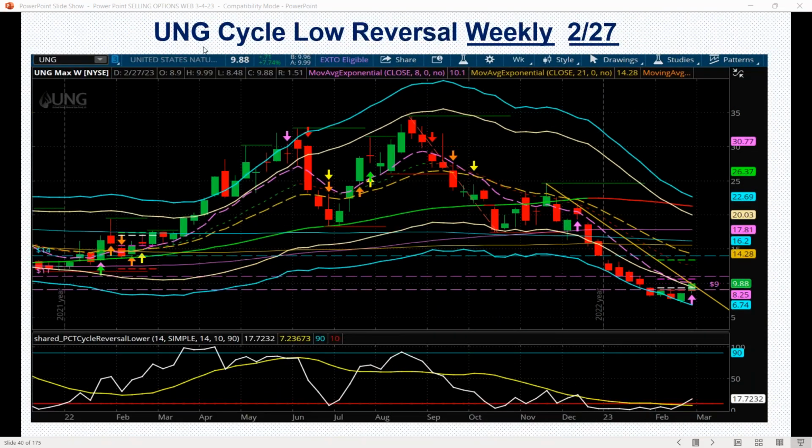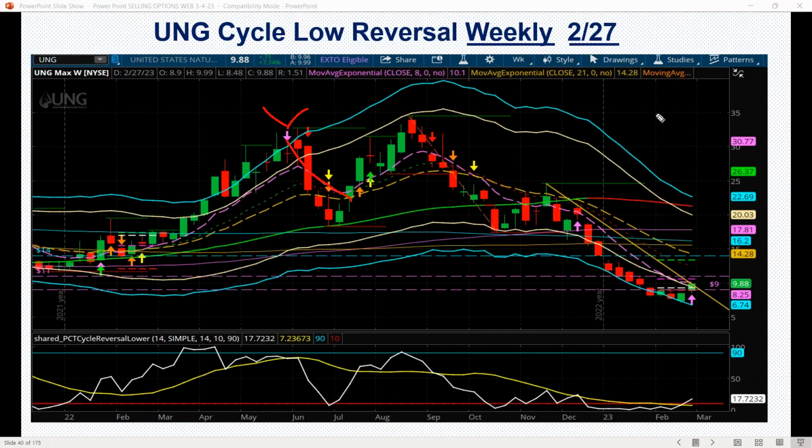Now here's an example of natural gas, UNG, on a weekly long-term basis. Setting up, there are three things that I think look really, really interesting right now. One is natural gas. On the weekly long-term time frame, you can see natural gas has had this huge sell-off. Back here in June, we had a cycle reversal from that upside, and look, mean reversion, we had a move back up, and then look at this huge move down.